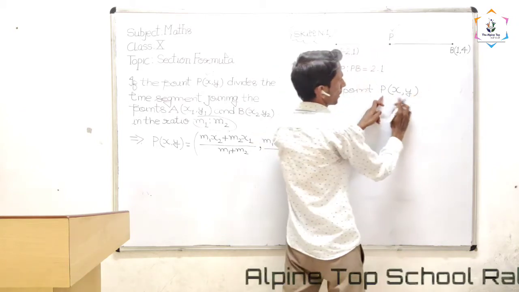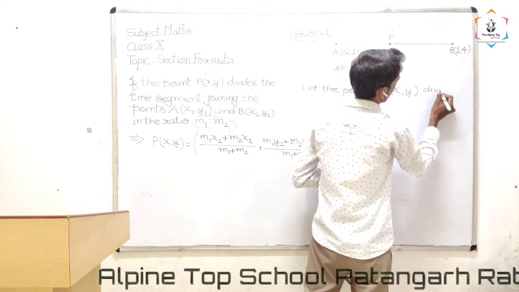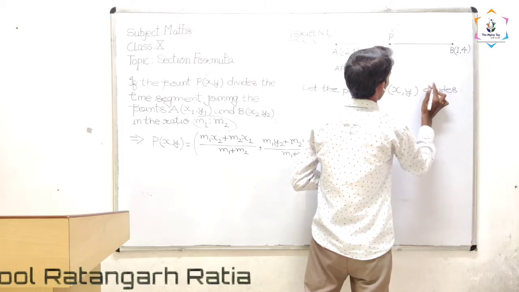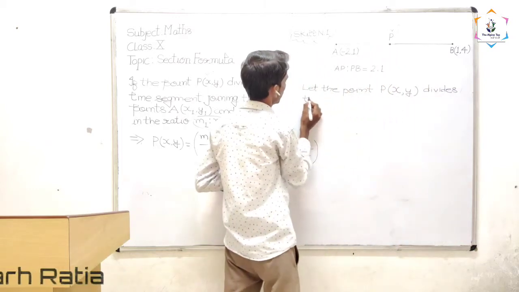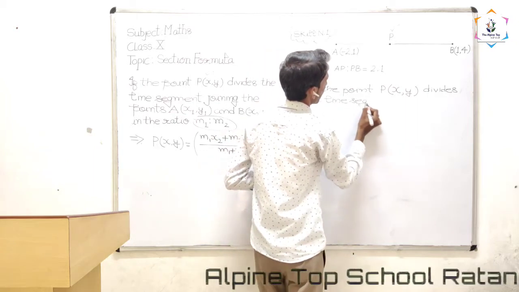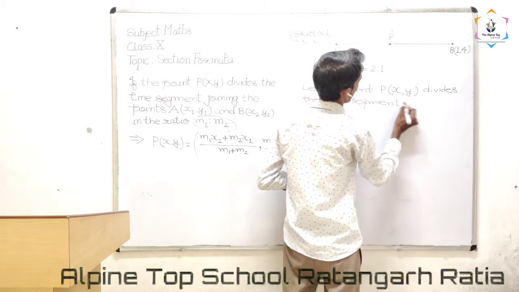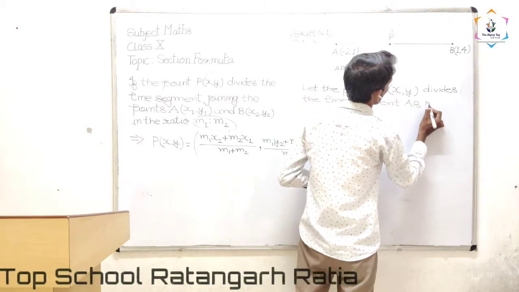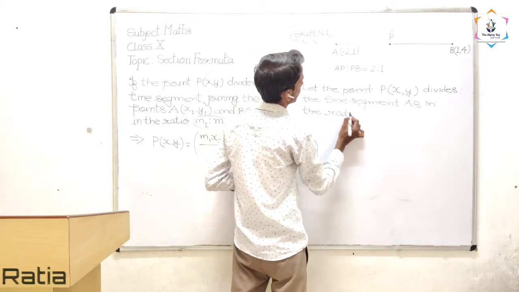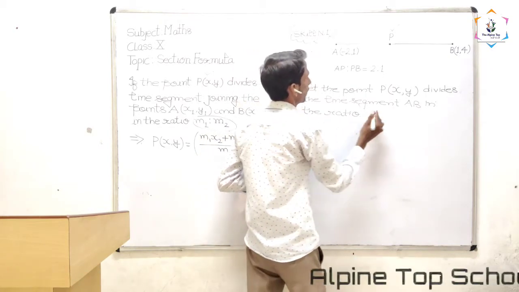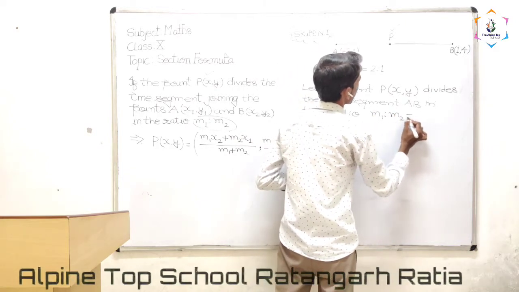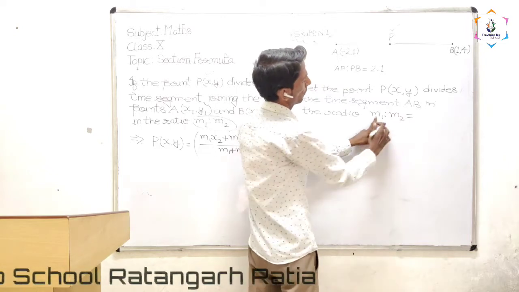Let the point P (x, y) divide the line segment AB in the ratio M1:M2. Now what is the value of M1 and M2 here?